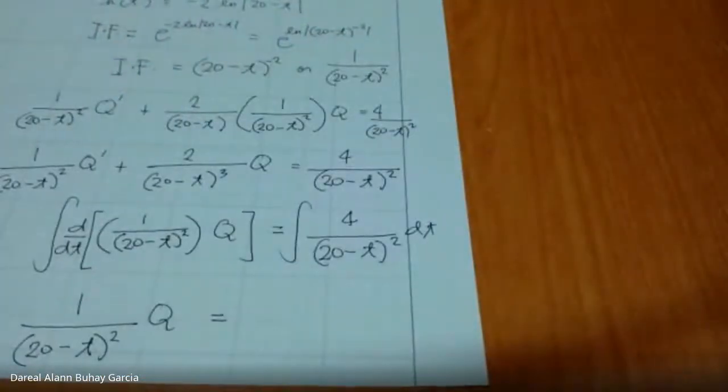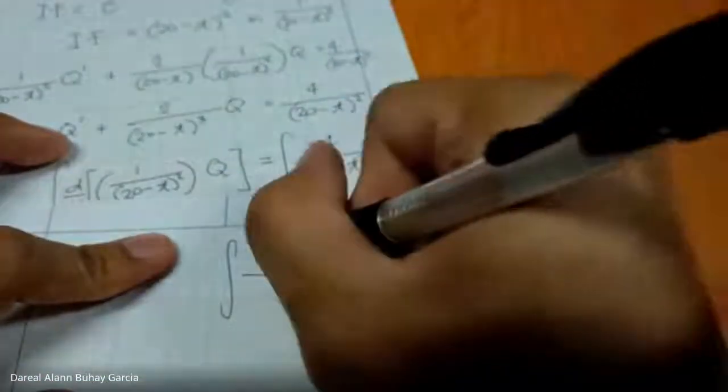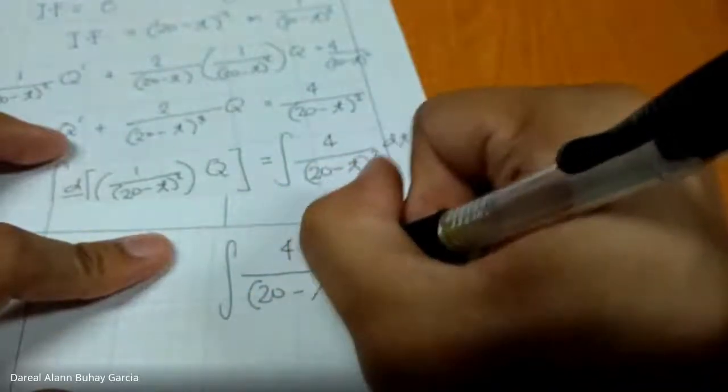Integral of this, dt. Integral of 4 over 20 minus t squared dt.